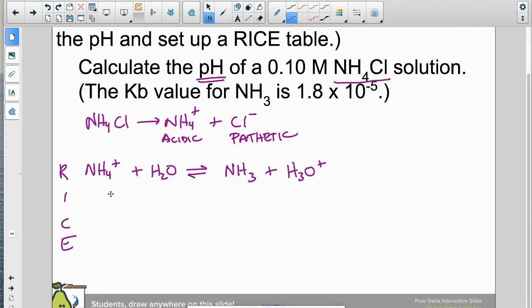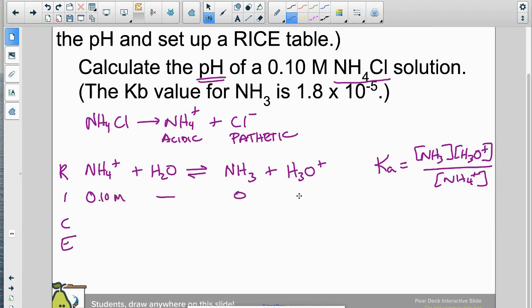All right, so we're going to write down here, this is going to be a Ka, right? Because this is acting as an acid. So we have NH3 times H3O+ over NH4+. All right, so our initial concentration is 0.1. Just like before, just set up the RICE table exactly the way that we've been doing it.